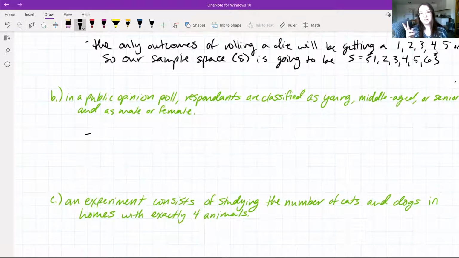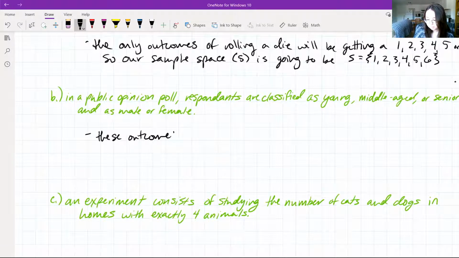Since there are 2 categories we're taking into consideration, these outcomes can be written as ordered pairs.